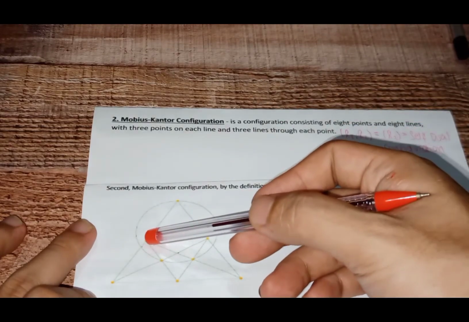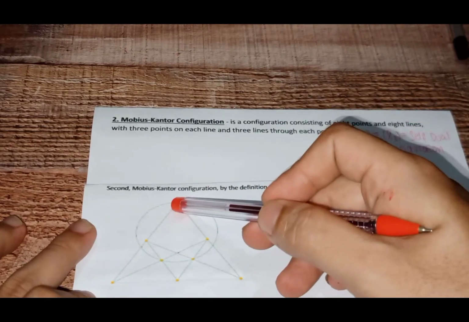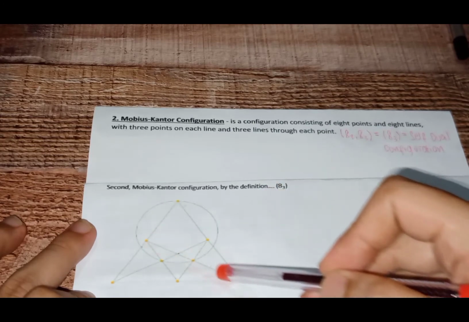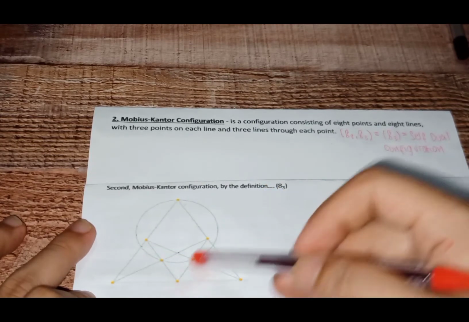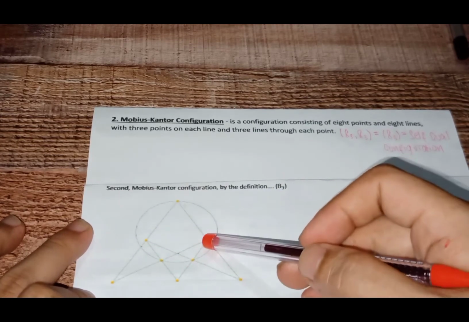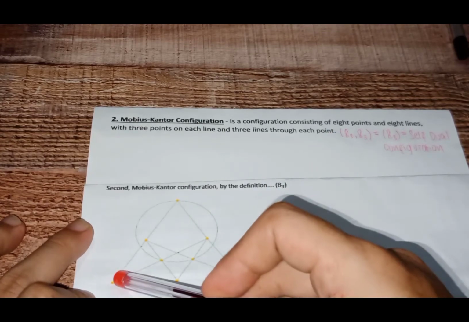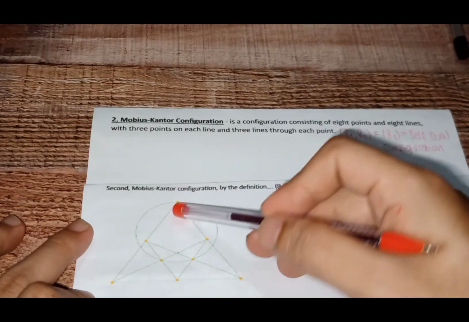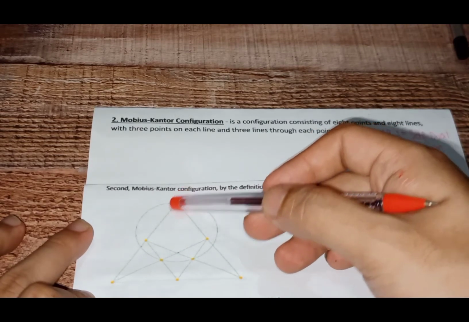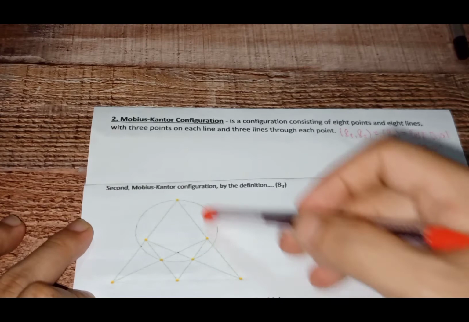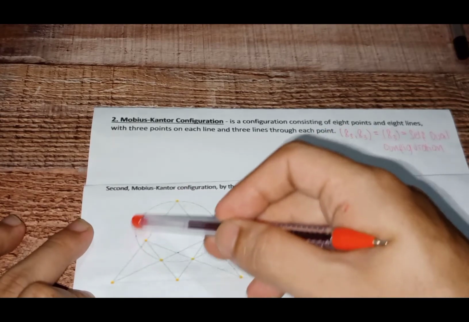Next point is this 1, this 2, and this 3. Next point, this 1, 2, 3, and lastly the last point is 1, 2, and 3.